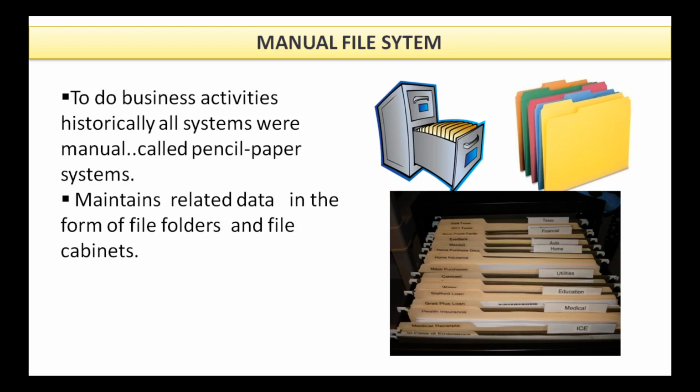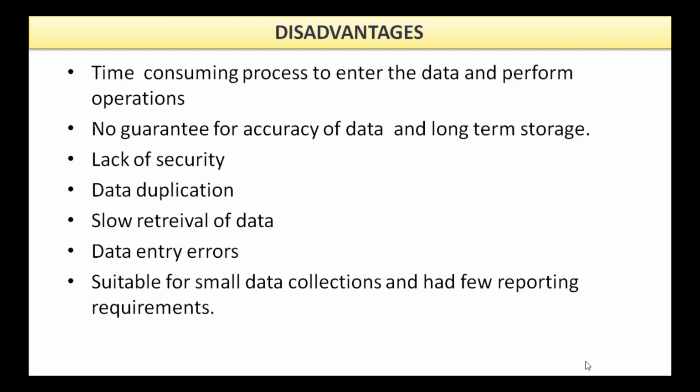Of course, this manual file system had too many limitations. First of all, let us know about those limitations. The first disadvantage is the time consuming process to enter the data and perform operations. What it means is, manually you have to write everything on paper, in a book.